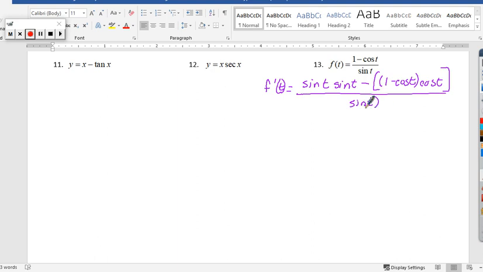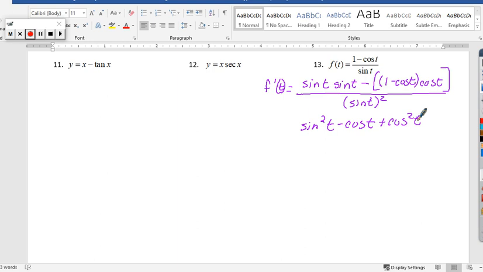sine squared t. Okay, so looking at this, let's combine up, let's see what we've actually got here. Over here we get sine squared t. And remember in trig, the square is usually shown in between these two pieces here. It's going to be minus cosine t plus cosine squared t.